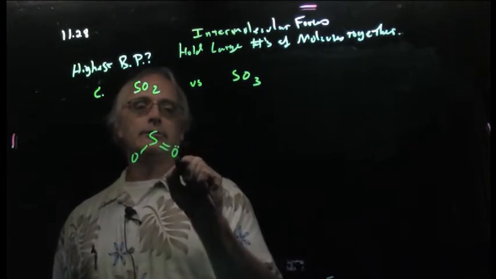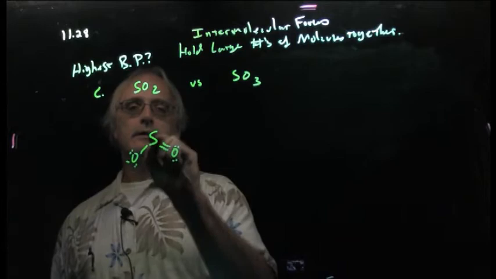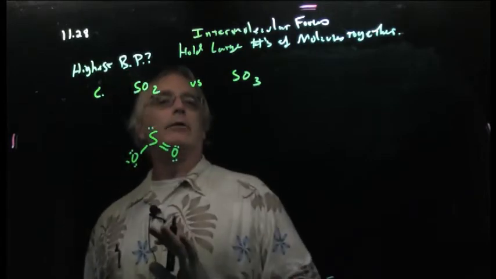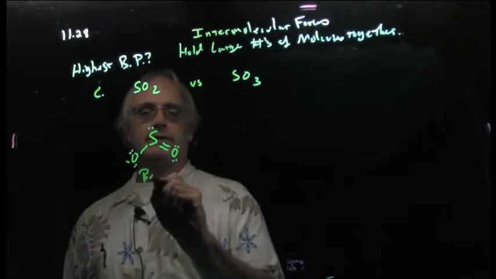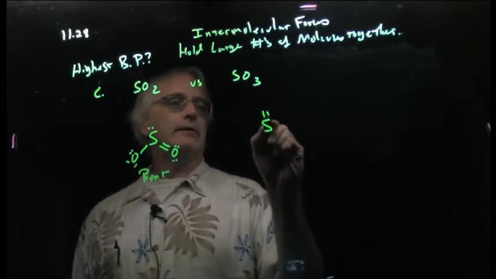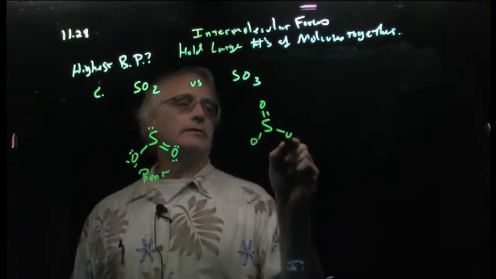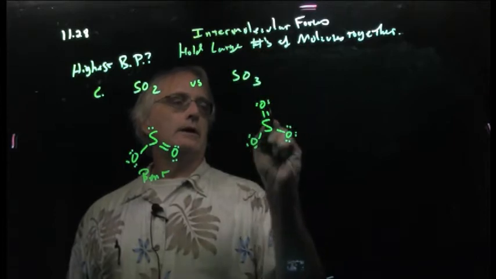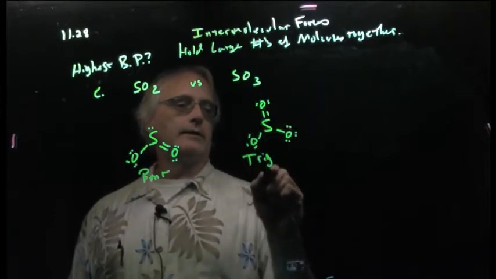This one will turn out to be bent. It has two resonance structures, but I'll just draw that one for the moment. Bent. Sulfur trioxide, if you draw its Lewis structure, will come out this way, and it is trigonal planar.